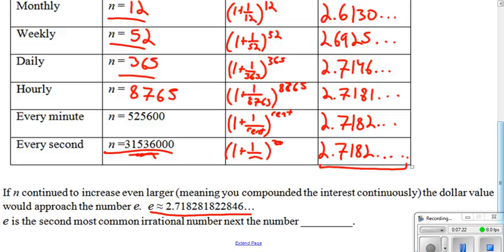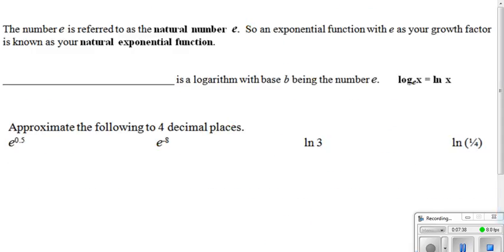It's the second most common irrational number next to the number pi. Remember, pi was an irrational number, the ratio of a circle's diameter to its circumference. Well, e is another irrational number that has to do with natural growth. So e is referred to as the natural number, e. An exponential function with e as your growth factor is known as your natural exponential function.